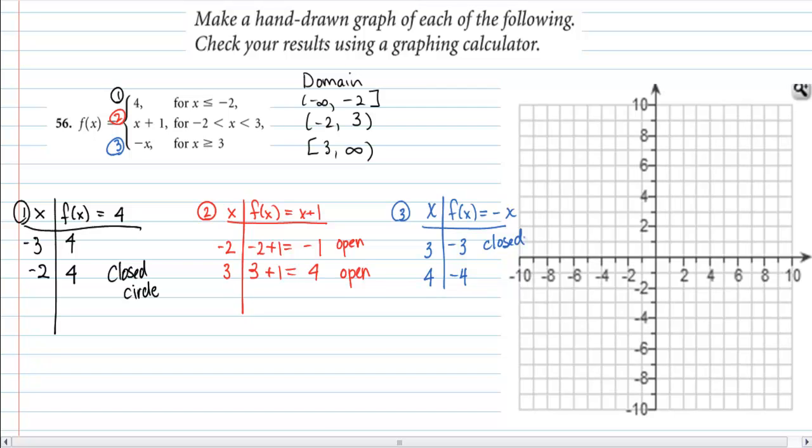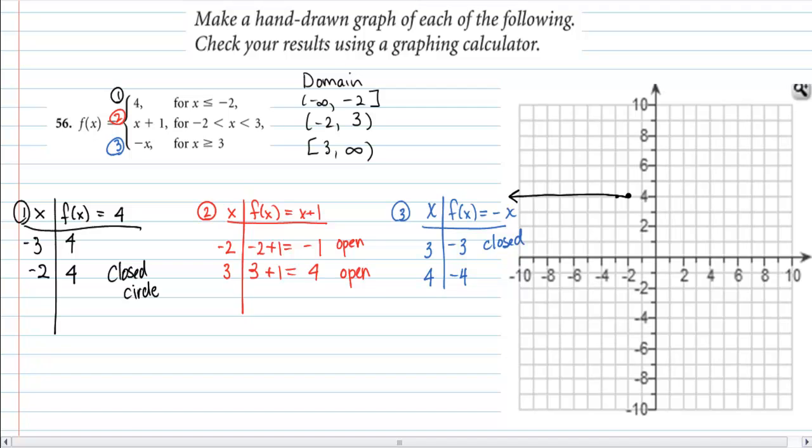Since 2 points make a straight line, let's graph it. First one I have is negative 2, 4. And negative 3, 4. It is a constant function going to the left.